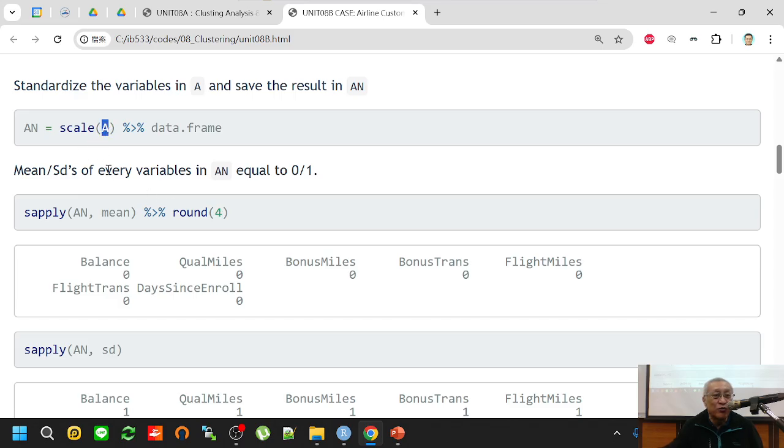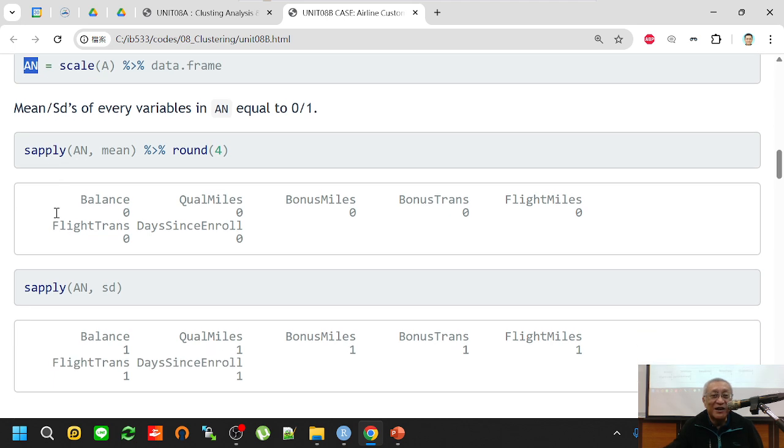So our original data is in data frame A, and then we normalize it, we scale it. I'll call it AN.